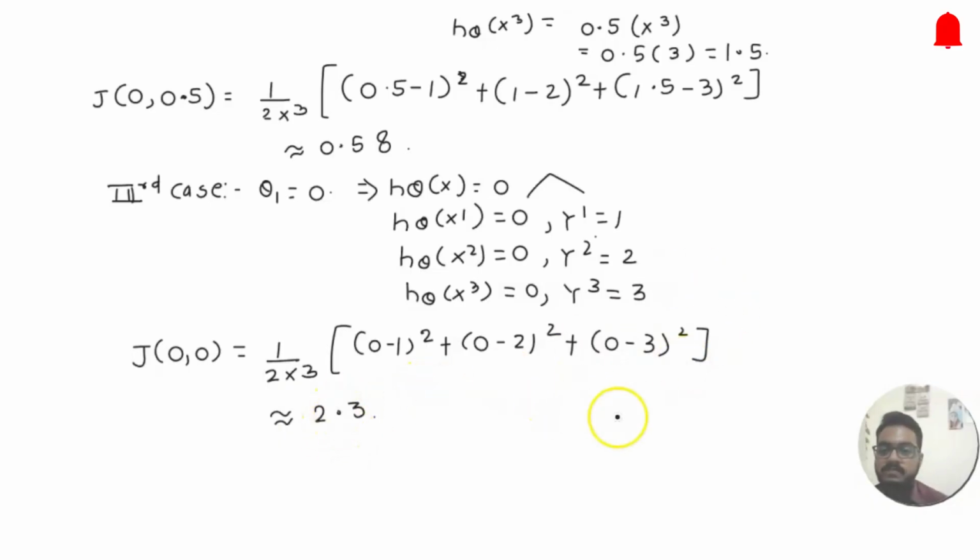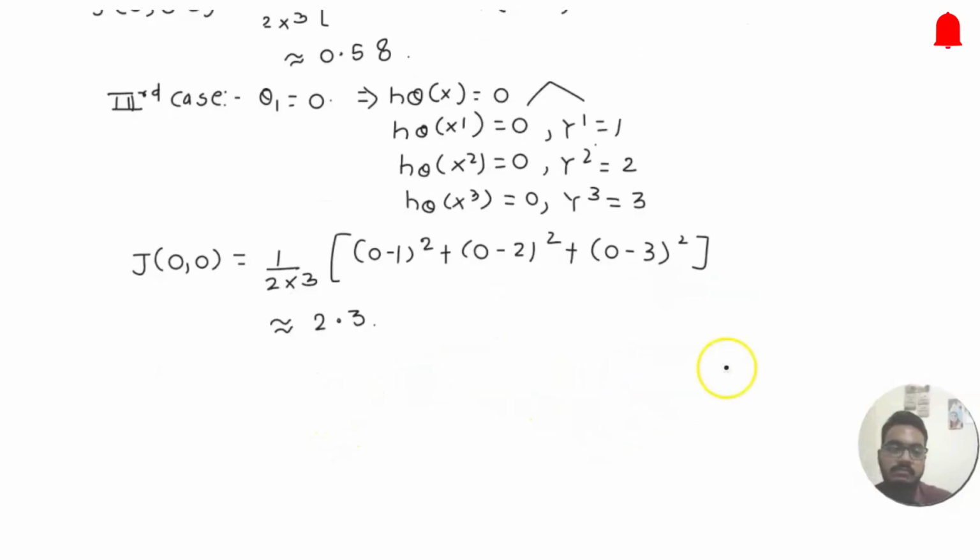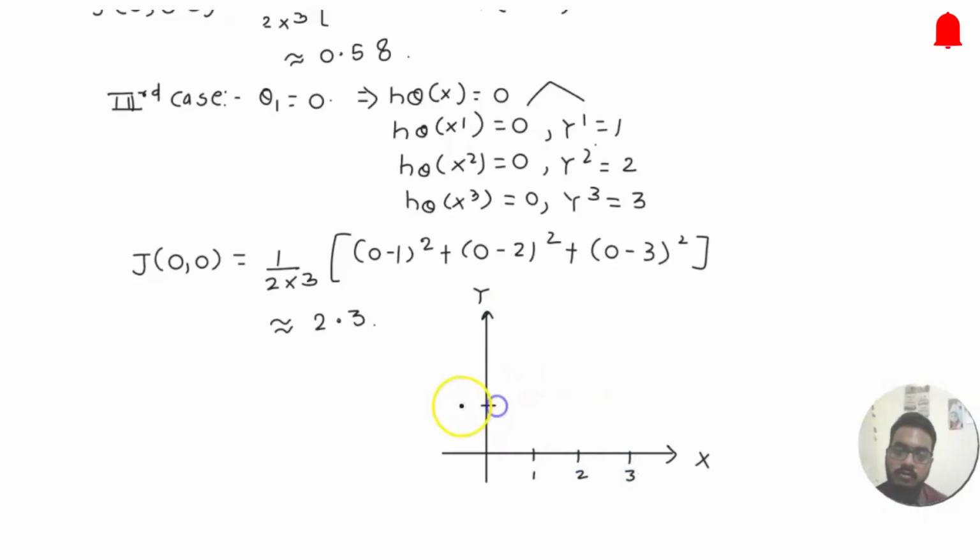So what can we see? Now we will try to plot as well. Let us take this as our graph, this is our x and y. The data set points are 1, 1; 2, 2; and 3, 3, so if we plot them, this is 1, 1, 2, 2, and 3, 3.